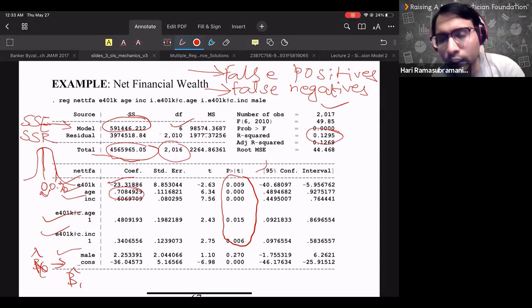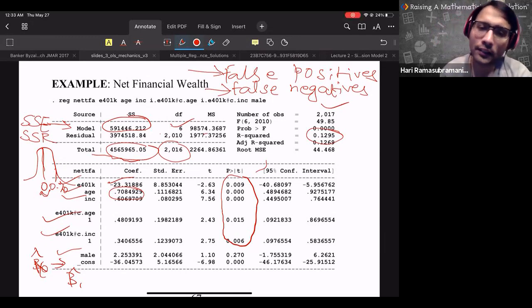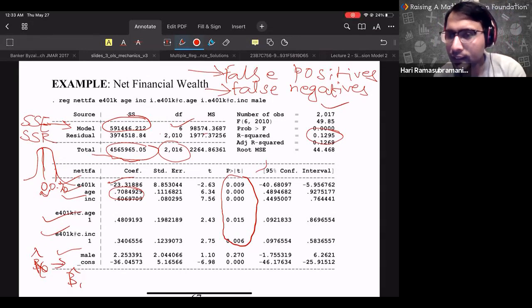So it's like tossing a coin, and let's say you toss the coin 100 times, and you expect the number of heads to be 50. At what point will you say that the coin is biased? If you get 55 heads, can you say that the coin is biased? If you get 60 heads, can you say that?